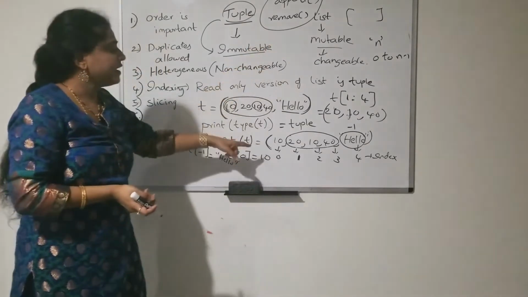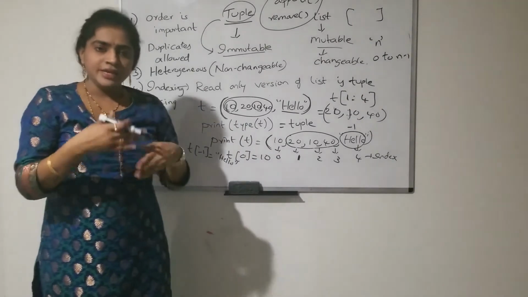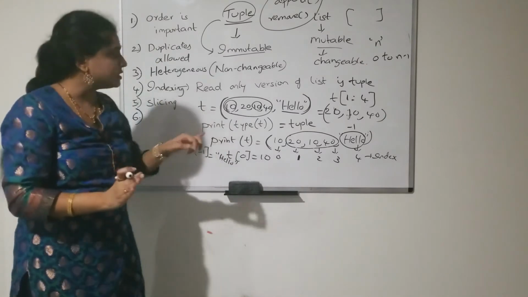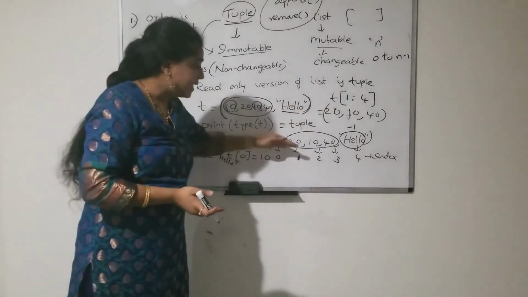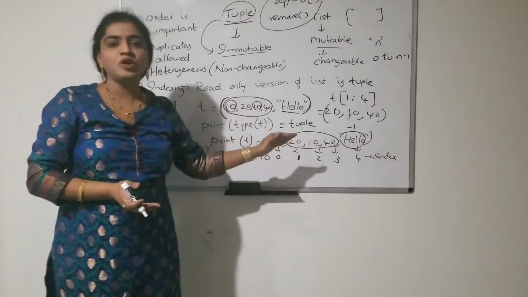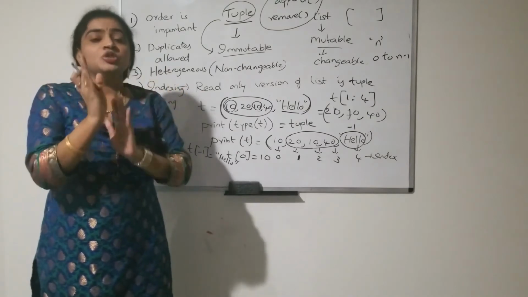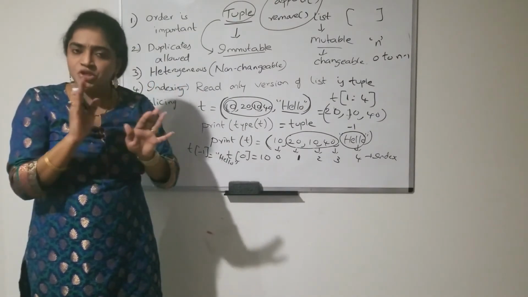So, in the same manner, can we add elements in the tuple? Can we remove elements from the tuple? No, it is not possible, because we say tuple is the read only version of list. It is an immutable data type. Immutable means non-changeable. Whatever elements you have taken, those elements should not be changed.